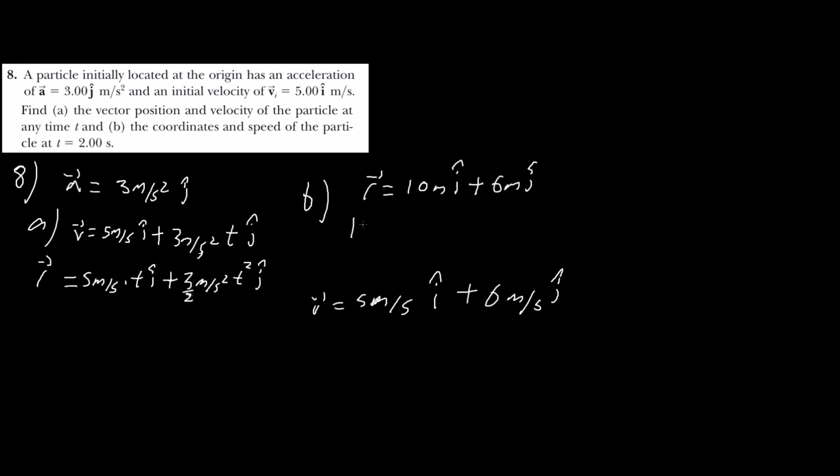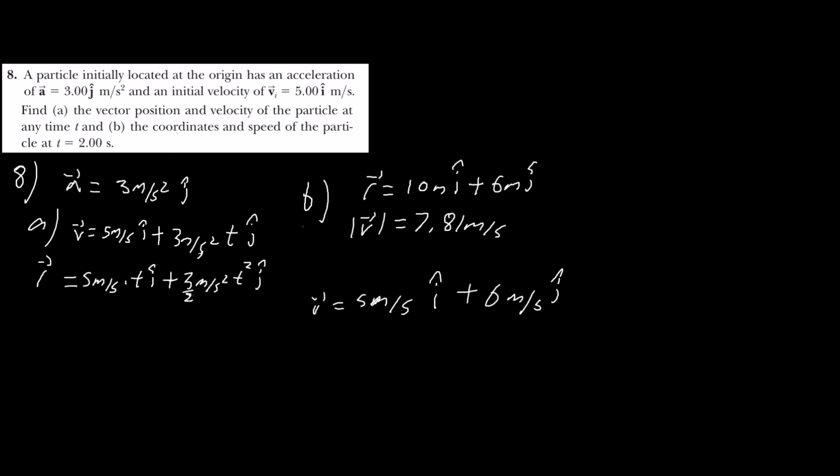It wants the magnitude, so the speed is going to be the magnitude of that. So that's going to be 6 squared plus 5 squared, which is 25. 36 plus 25, square root of that. Once you add them up, it's going to be 7.81 meters per second.